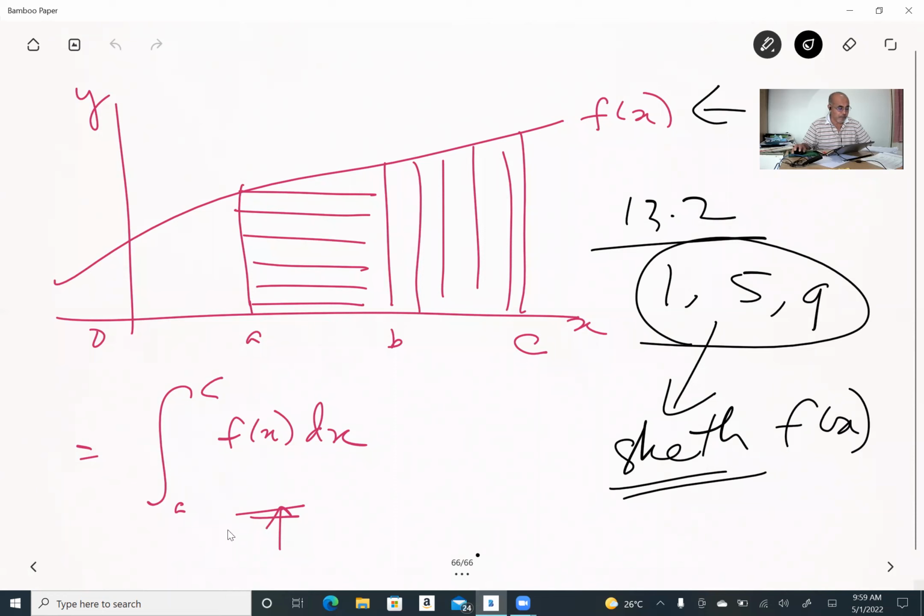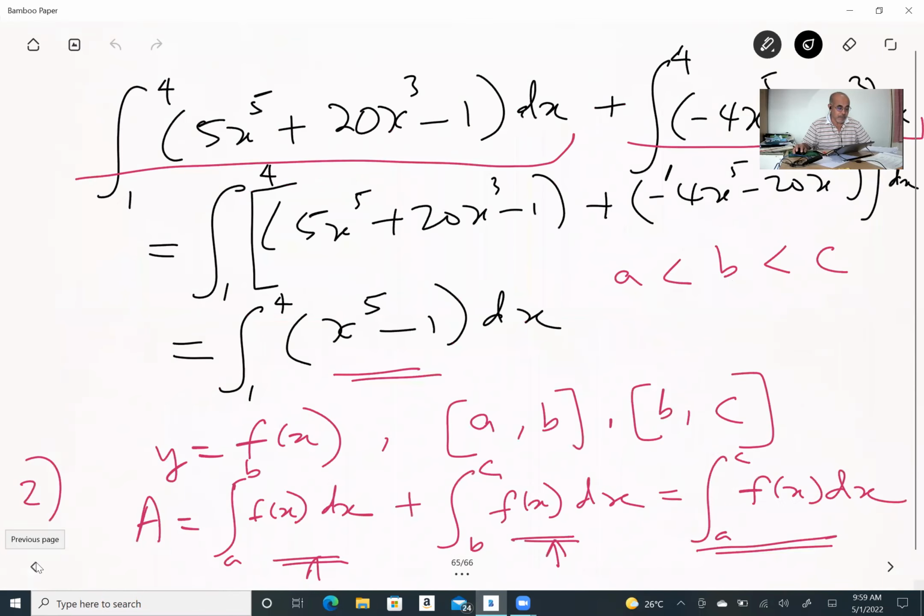We have one function, and then you have integration of that function over two intervals, A, B, C. Then we can do the integration of the same function just once from A to C of f of x, dx. So this is where we left last time.